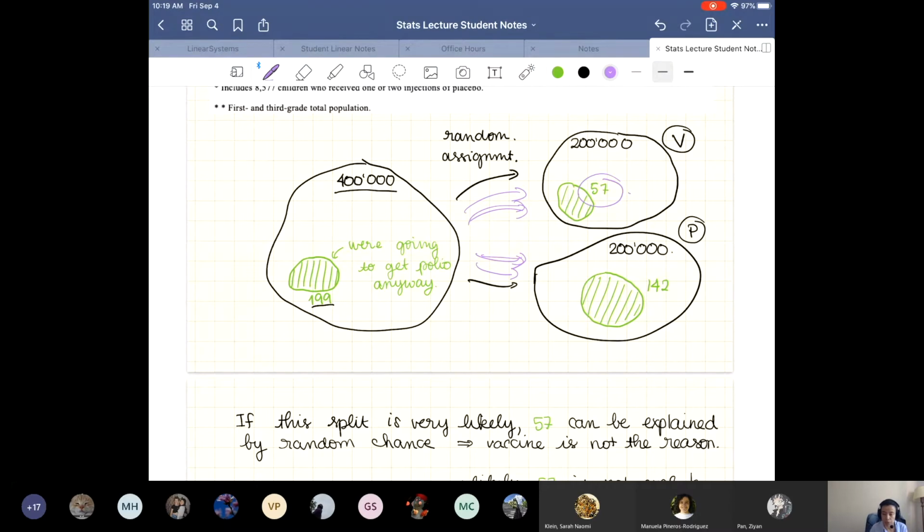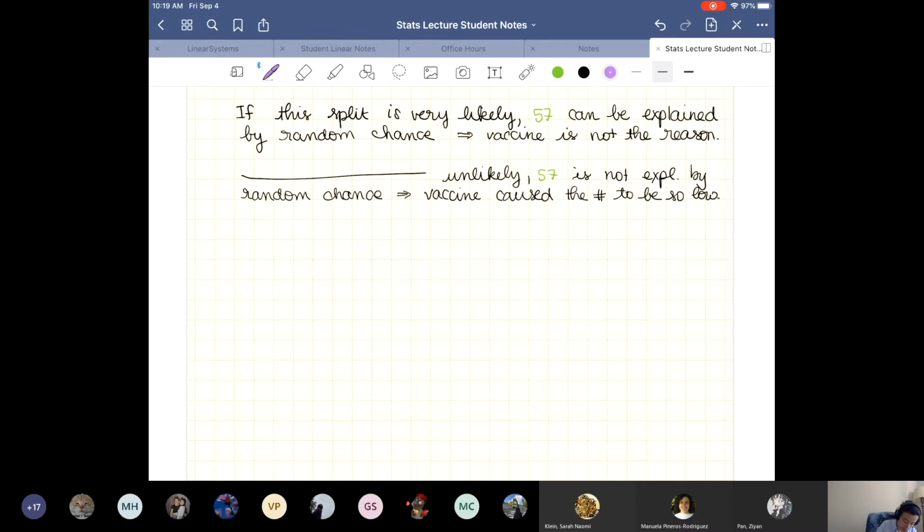how many polio cases I got in the vaccinated group. Okay, so what I'm doing is I'm simulating. So what we can do is simulate. I think I did it 10,000 times, so 10,000 random assignments.